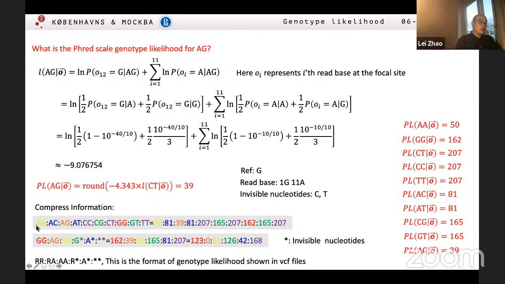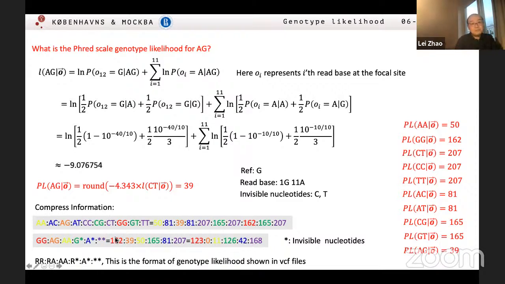So we write the previous genotype likelihood like this, and this is the value we calculated. Because we just call the unobserved nucleotide a star, we rearrange it by reference, alternative, unobserved, and we can compress the information of the genotype likelihood to this value.